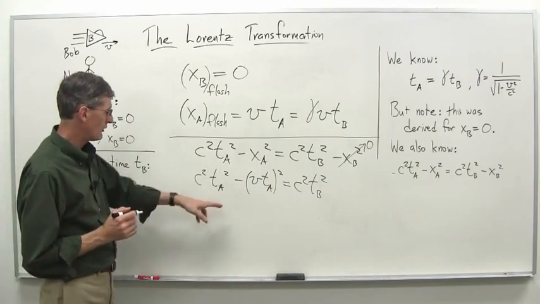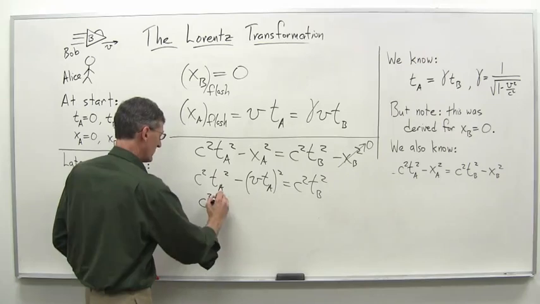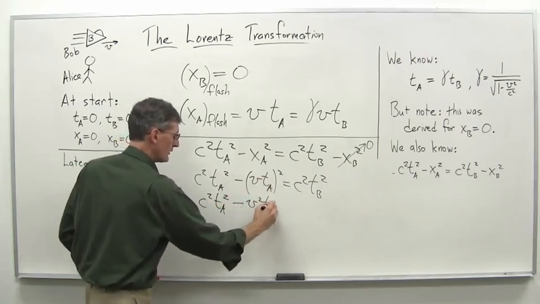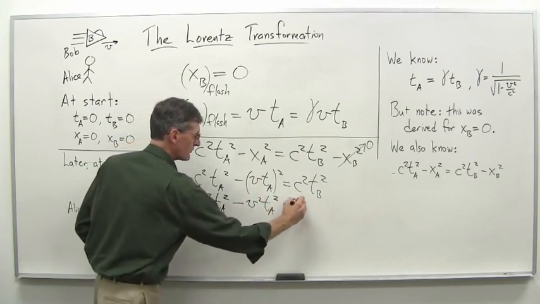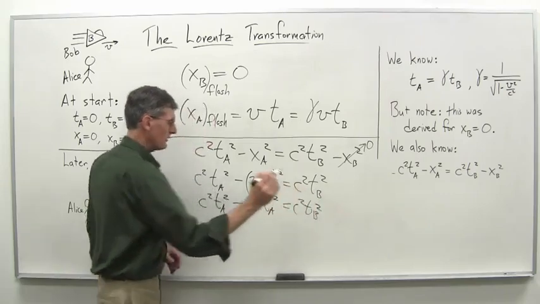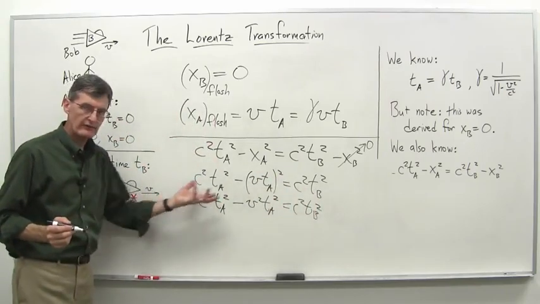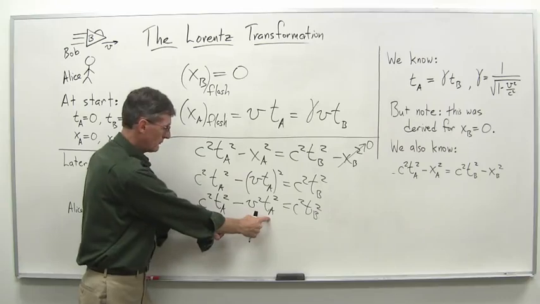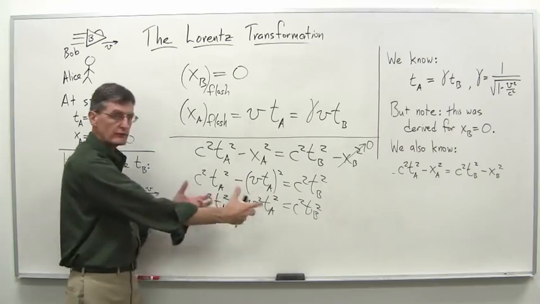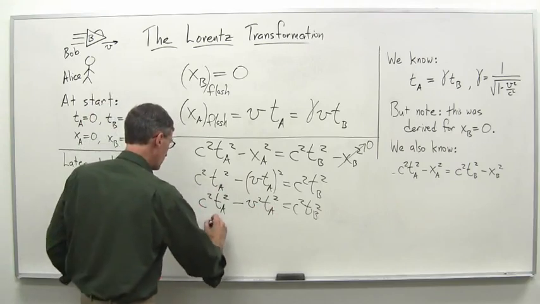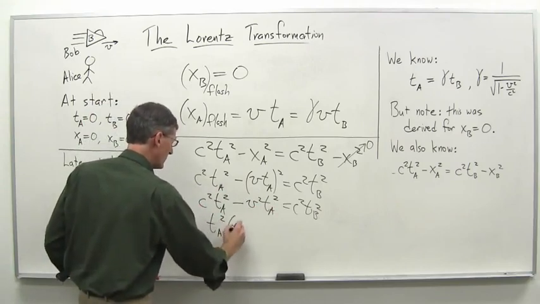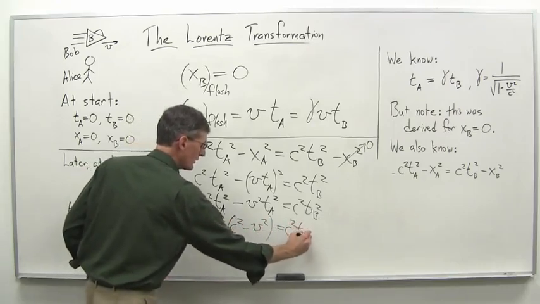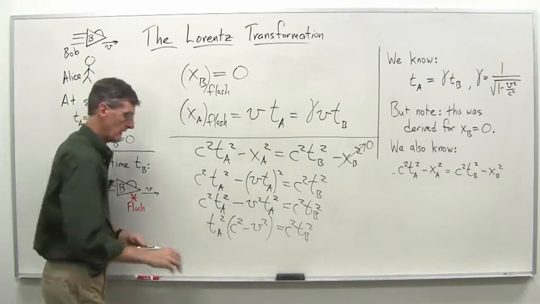We'll do every step: c squared t_a squared minus v squared t_a squared equals c squared t_b squared. Now I just have the times in there, t_a and t_b. I've got a t_a squared in both of these terms, so let's factor that out. That gives me t_a squared times (c squared minus v squared) equals c squared t_b squared.